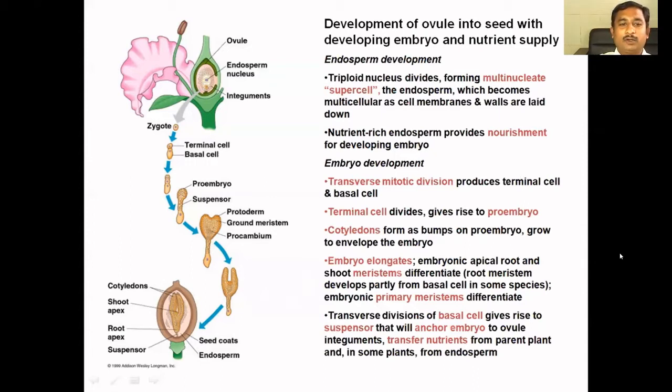If you look into the zygote in the process, there is a terminal cell, a basal cell, and then the proembryo and suspensor cell, and it goes on dividing by mitosis. In the course of mitosis the number of cells increases and they become protoderm, ground meristem, and procambium.